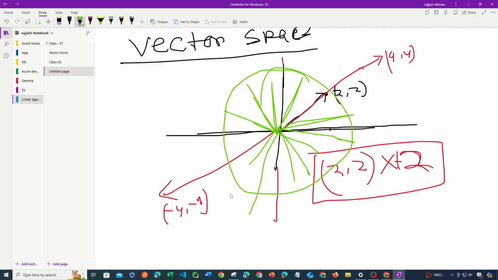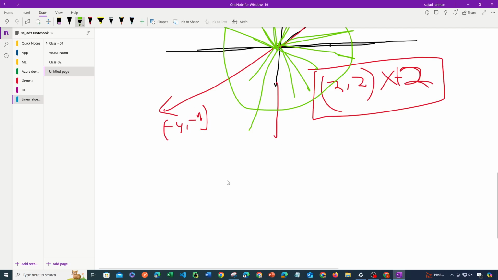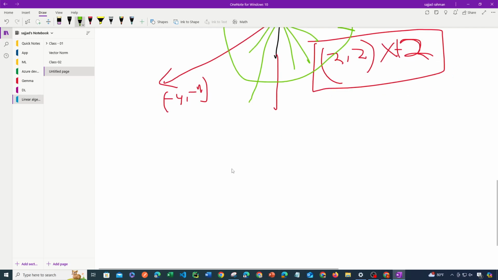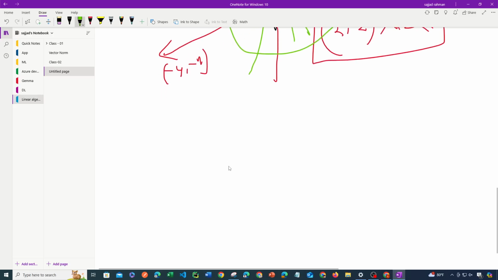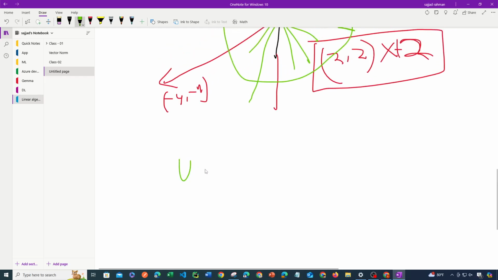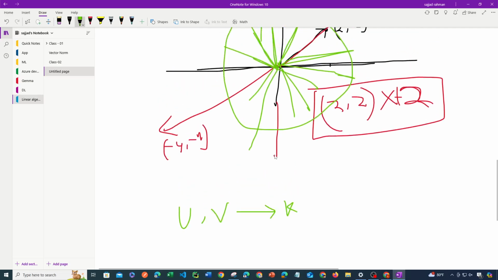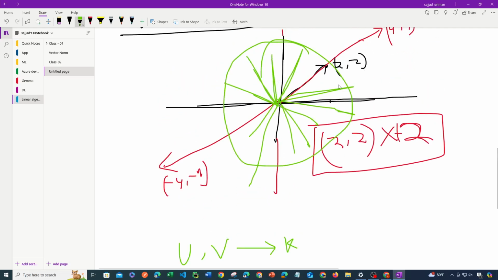Okay, so what will be the general equation for this? Such as, we have two vectors like u and v, and we have a scalar k, then any two vectors result in the same space.